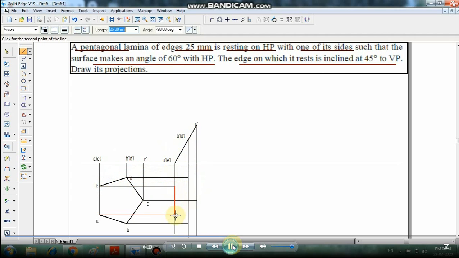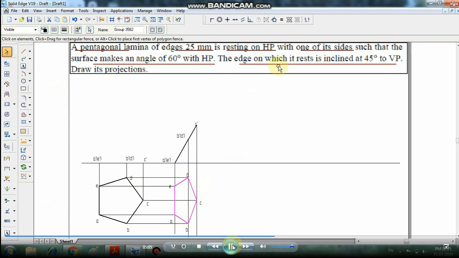Okay, now join all the points, naming where the intersections of A, B, C, D and E are. With the help of the line command you can join EA, AB, BC, CD, DE. That's it. Now select all the entities, make them into a group and 0.5 mm thickness. So now it is a single entity, so make it a group.